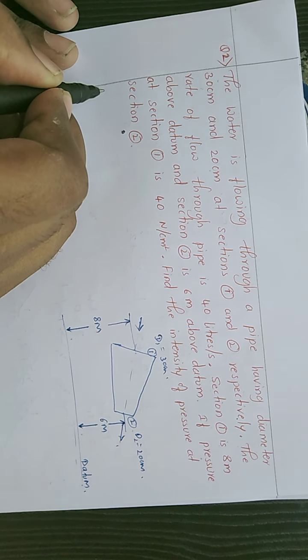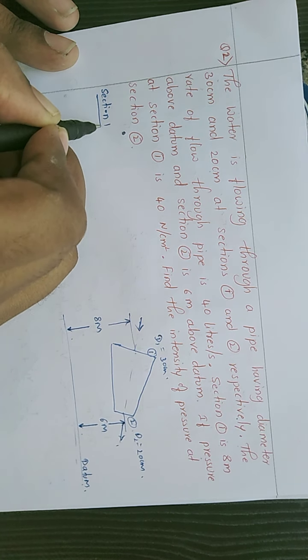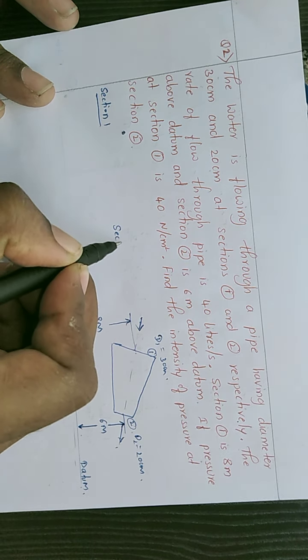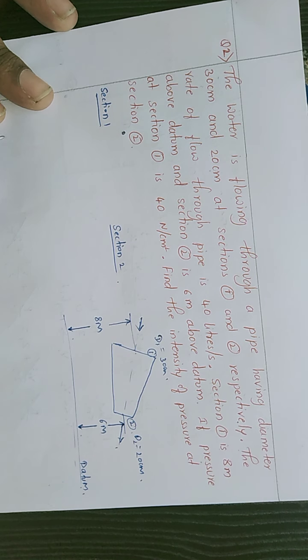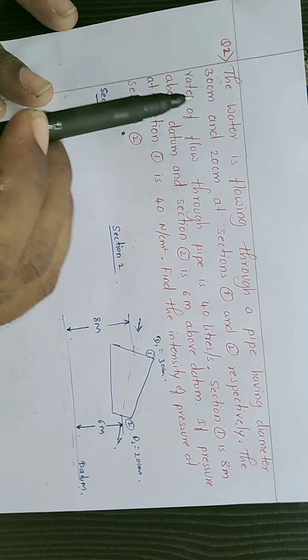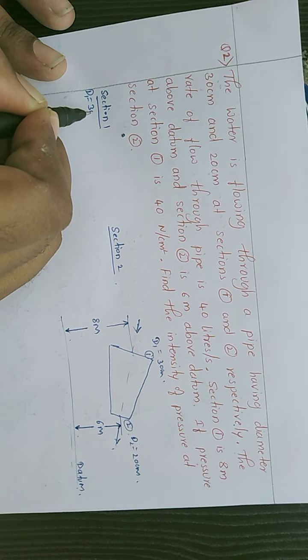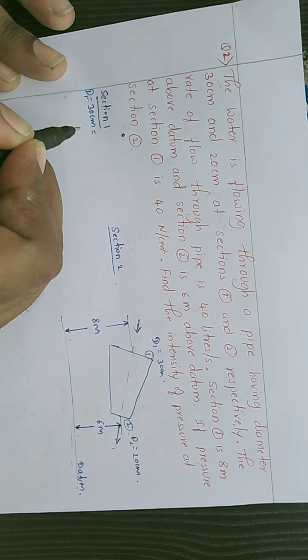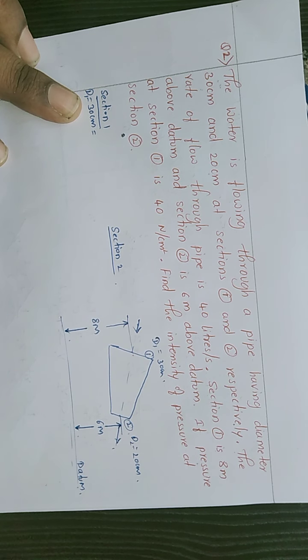So first let us write what is given. I will write section 1 and section 2. What is given? Water is flowing through a pipe having diameter 30 centimeter. So d1 is 30 centimeter, and you have to convert everything into meters.